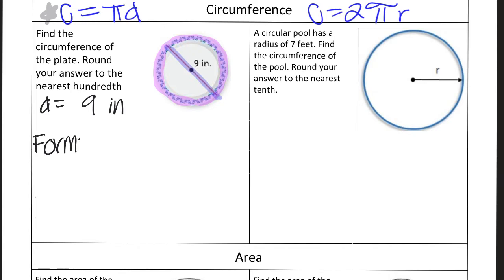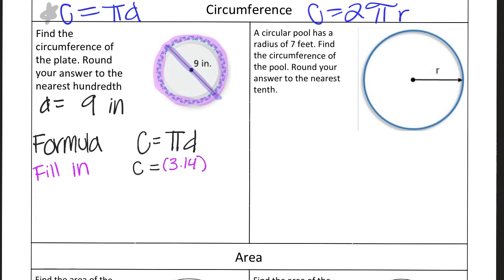So write our formula. Circumference equals pi times the diameter. Okay. Then you fill in what you know. I'm looking for the circumference. I know that pi is worth 3.14, and my diameter is 9. So now I'm just going to multiply and round.